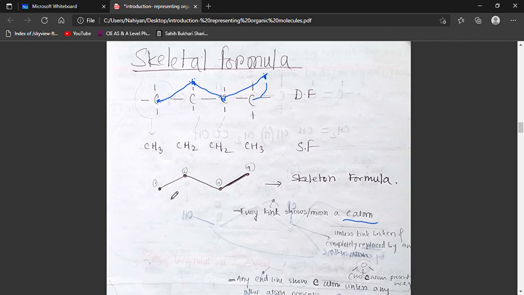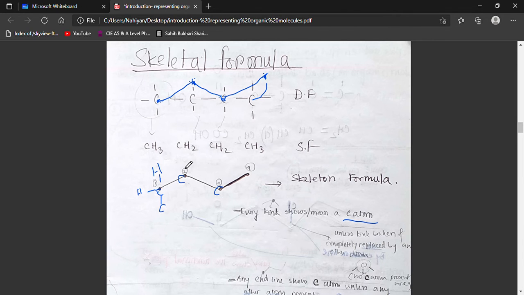We consider that this first carbon is bonded to 3 H atoms, so CH3, and we know that there is also a C here. The C in the middle is bonded to one carbon, and here it is bonded to the second carbon.